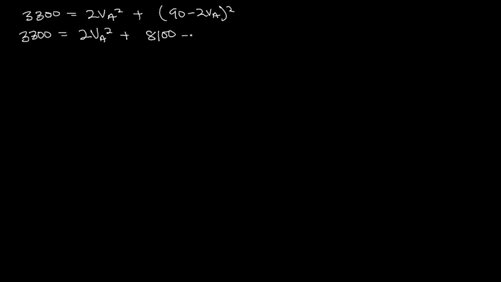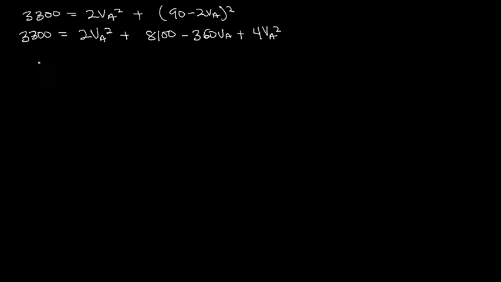Okay, then minus 90 multiplied by 2, that is 180 multiplied by 2 again will give us 360 va, plus negative 2va squared will give us 4va squared. That is, we are expanding this, so if we expand this, this is what we get. So from here, let's simplify. We have 8100 over here, let's move it to the other side.